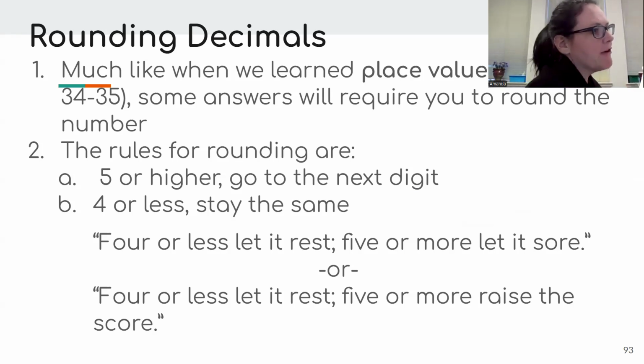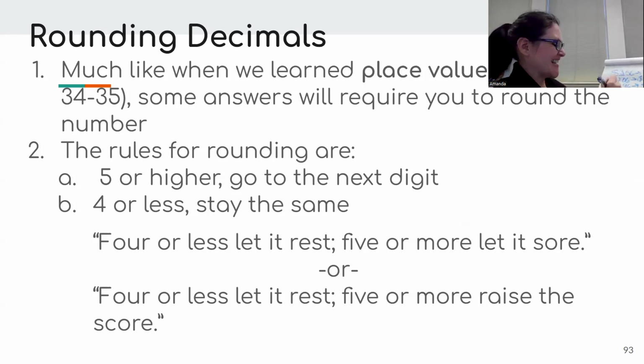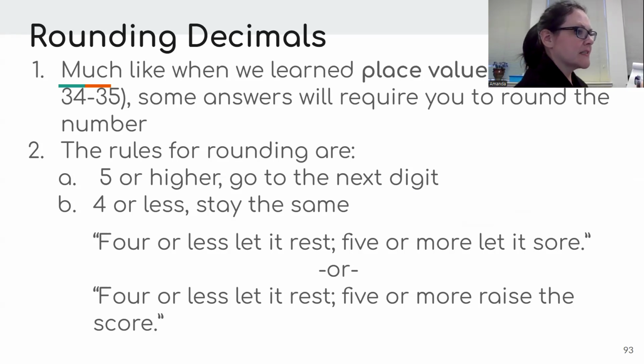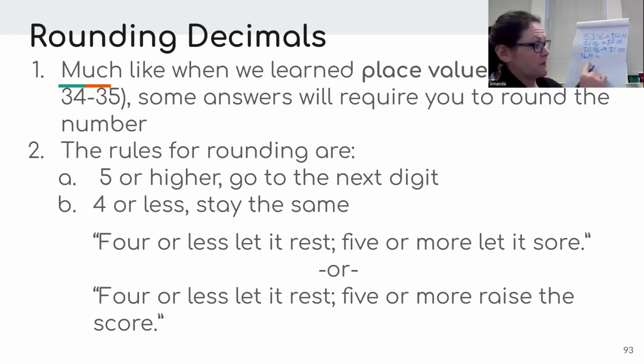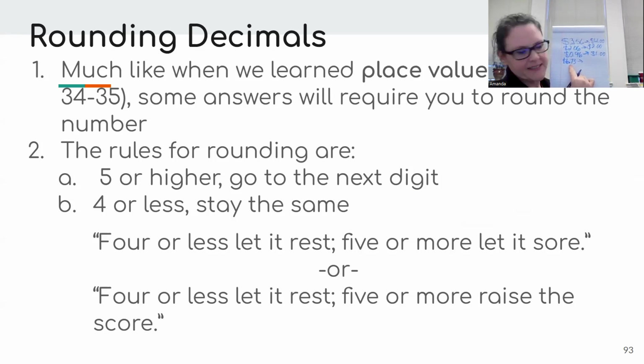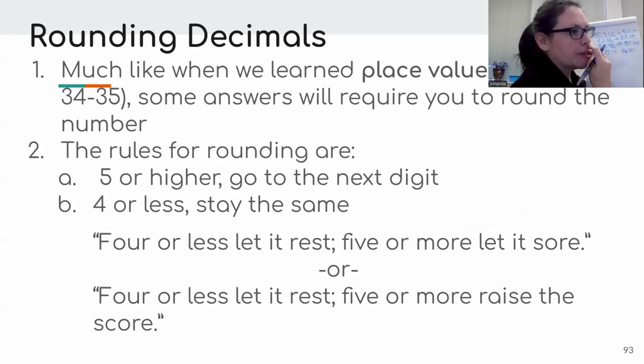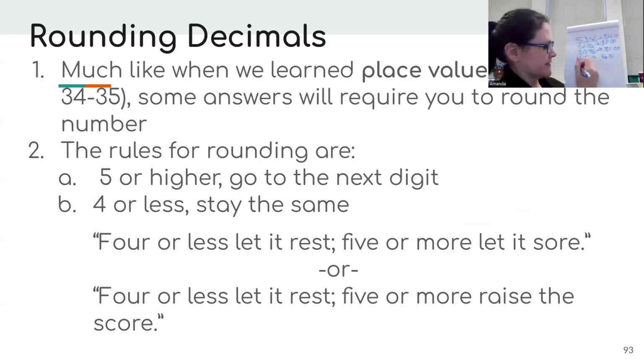How about we do it to the nearest tenths? So we have 6.73. Remember tenths? That will be your dimes. Tenths are dimes. So are we going to go up or down, or let it rest? This one's going to stay. It's going to be 6.70. What about 37 cents?